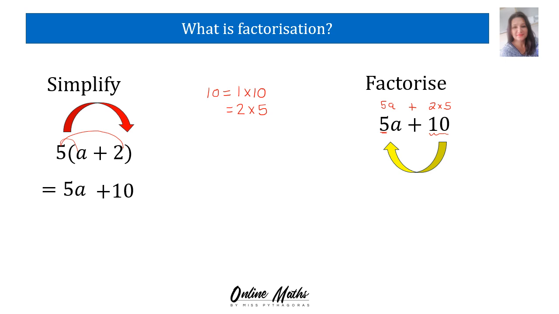When we factorize, we pull out the common factor, and it has to be common to both terms. In this case, it is the 5. So when we factorize 5a plus 10, we will write it as 5, that's the common factor, bracket a plus 2, and that is what's left. And there, that's your first sum that you have factorized.